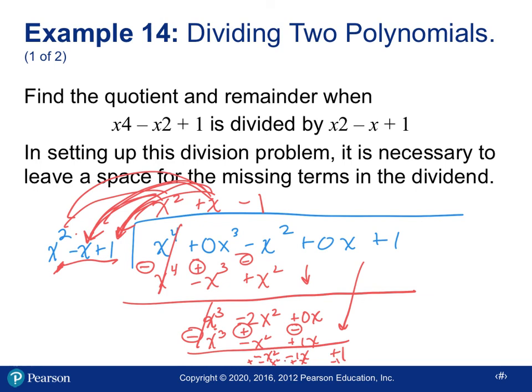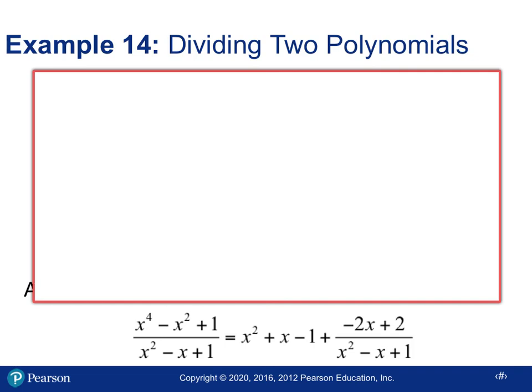I squished it in. Minus, positive, positive. So I'm left with a negative 2x plus 2. And you see that much more cleanly presented right here. Here's the result, the remainder right there.